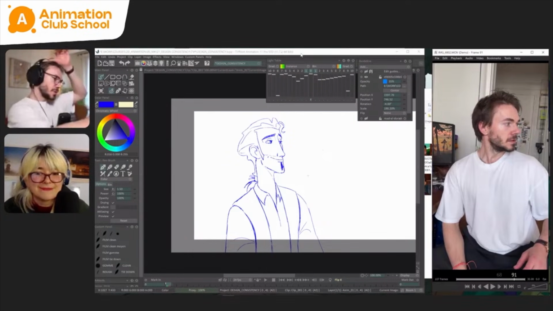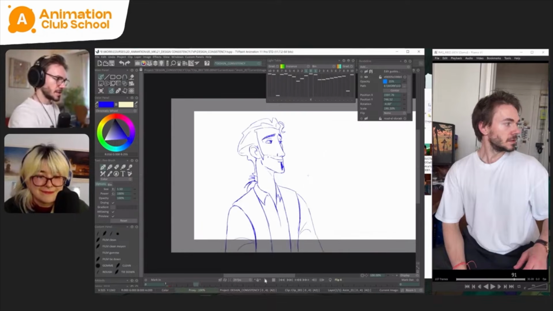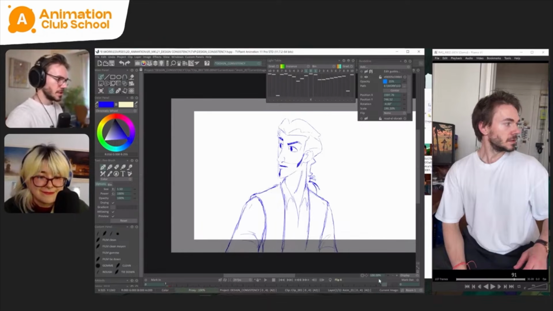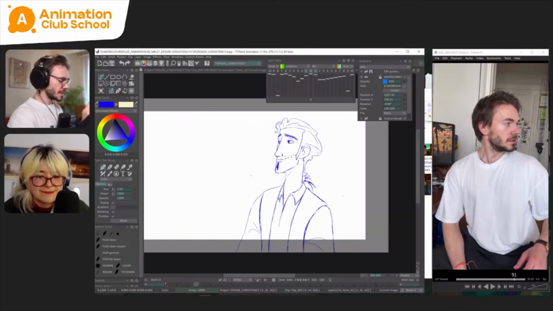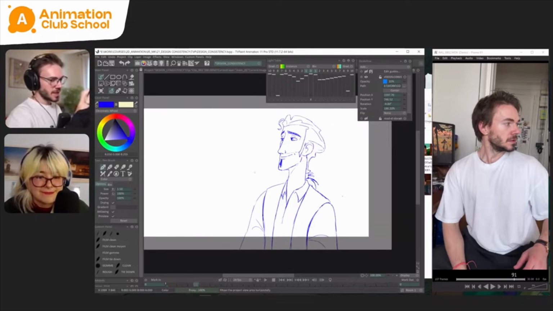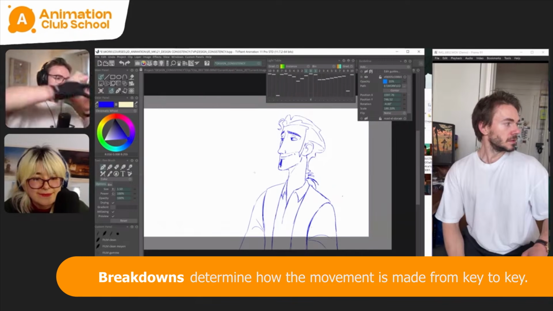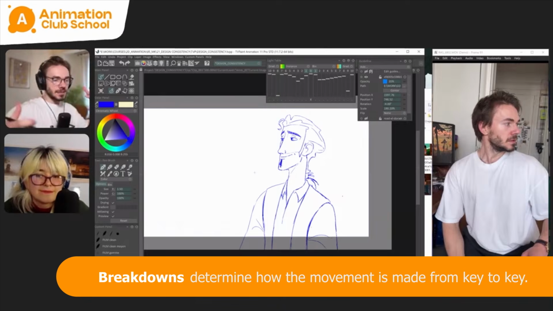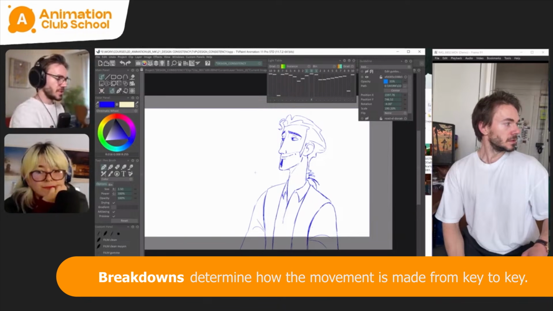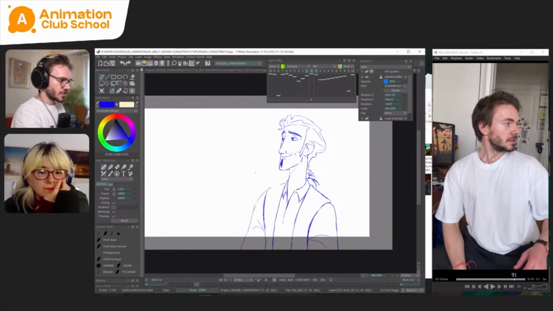And after you put these poses in model, you go to the breakdowns again. Here we have quite a simple process, a simple idea of movement. If it's more complicated, of course you have to make a rough version first.